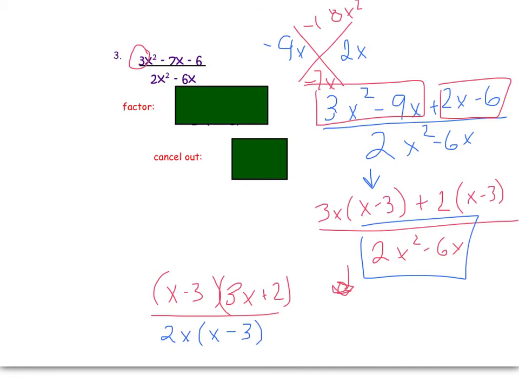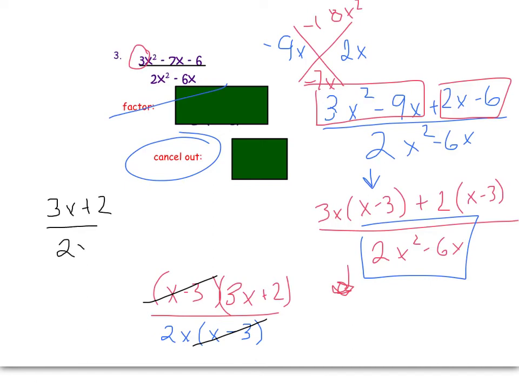Alright, now it's time to talk about canceling. We've finished factoring, now it's time to cancel. What do both the top and the bottom have in common? They have that x minus 3. So canceling those leaves me with 3x plus 2 over 2x.